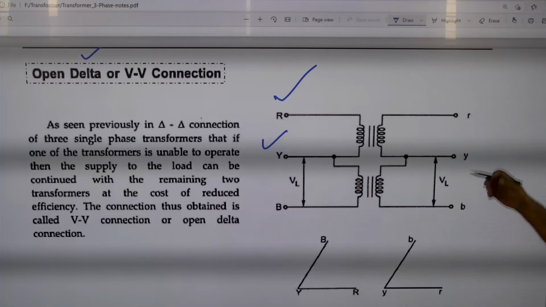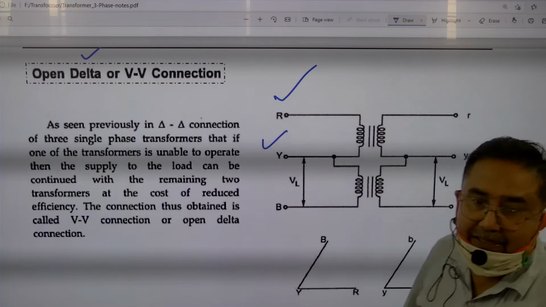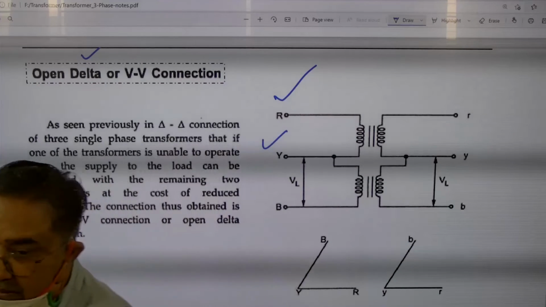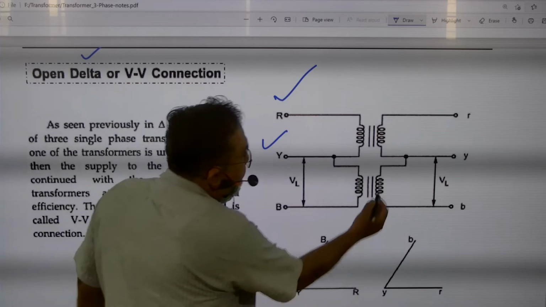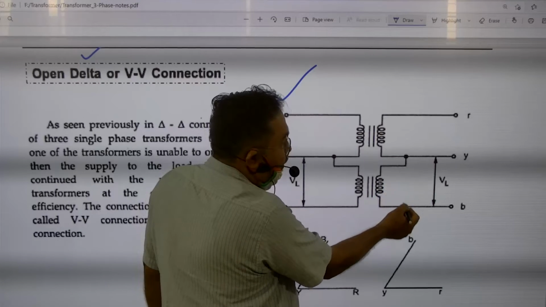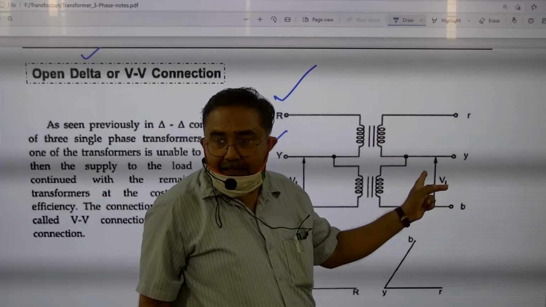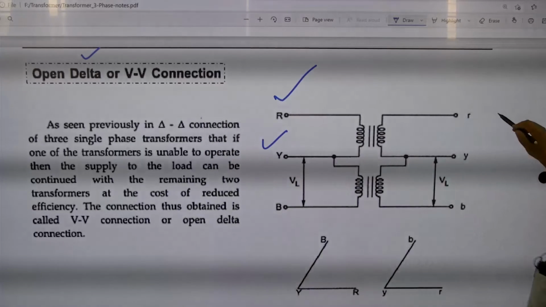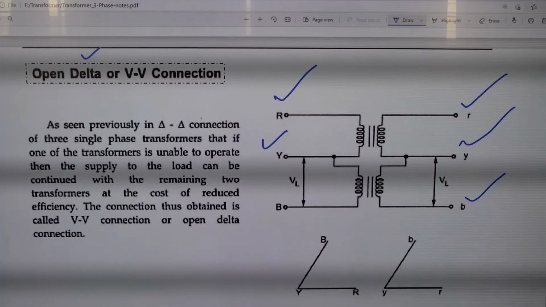Okay. And similarly, क्योंकि एक उधर भी खराब हो गई, प्राइमरी में भी खराब हो गई और सेकेंडरी भी. लोड भी हमारा कैसा है? 3 फेज. अगेन उधर भी क्या कर दिया हमने, जो सेकेंड वाइंडिंग है वो फर्स्ट वाइंडिंग के साथ एक कॉमन पॉइंट बना दिया, और जो लोड है उसका फर्स्ट फेज इधर, सेकेंड फेज फर्स्ट वाइंडिंग के सेकेंड टर्मिनल पर, और थर्ड फेज सेकेंड वाइंडिंग के second terminal पर.